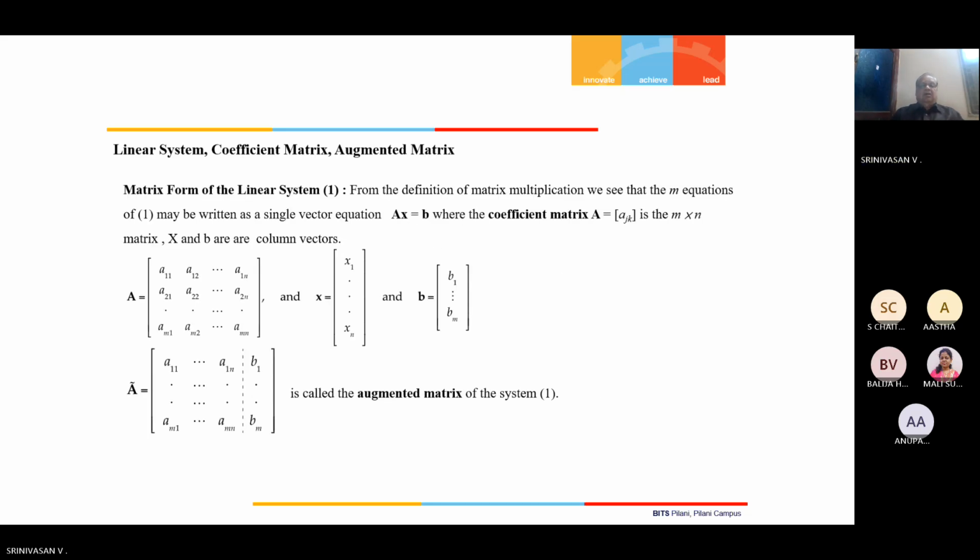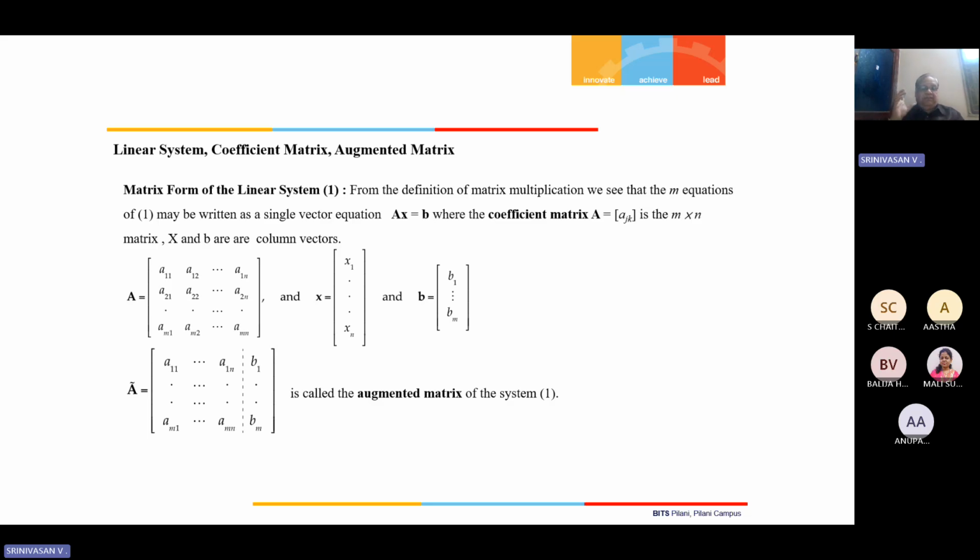Now, this is what exactly we have been talking about. From the definition of matrix multiplication, we see that the m equations of (1) may be written as a single vector equation, Ax equal to B, where the coefficient matrix A, which we normally denote by aij, is the m by n matrix. X and B are column vectors.